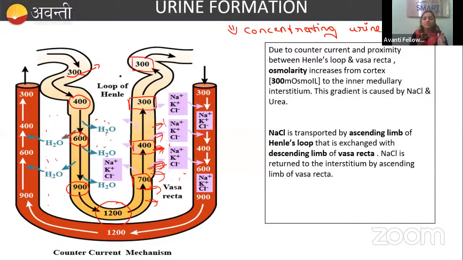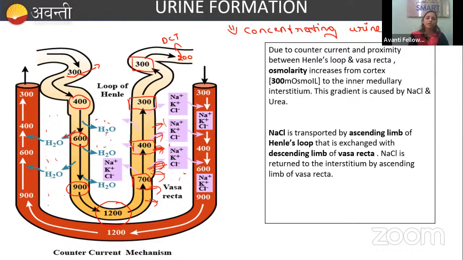And in the distal convoluted tubule, it will reach up to 200 osmol. Up to 200 osmol it can reach in the distal convoluted tubule, DCT. In the DCT, the maximum osmolarity will reach up to 200 osmolarity. And they may ask you this question in the exam.